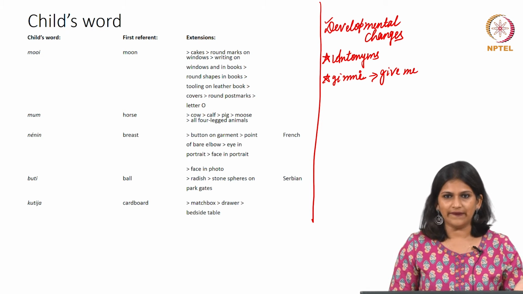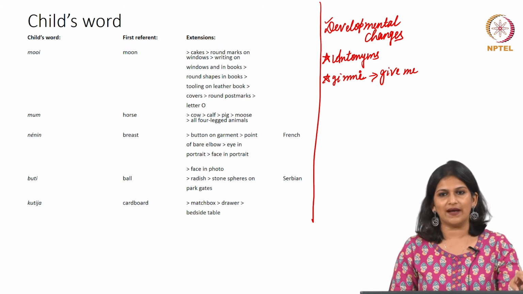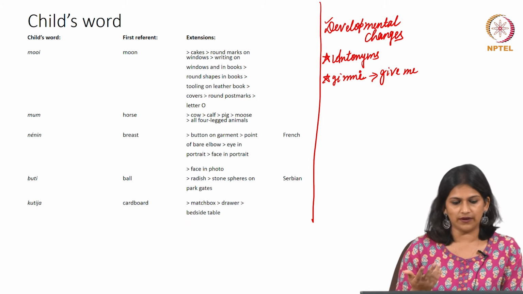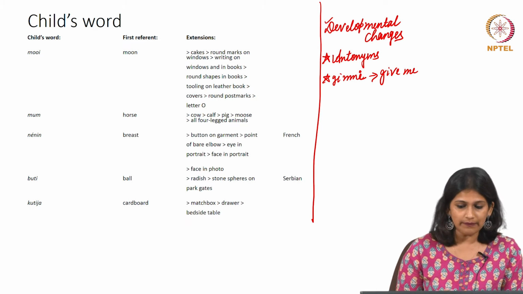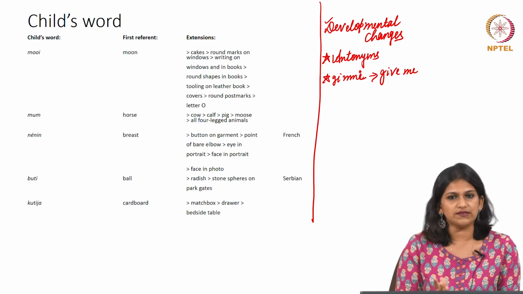In one way, when they say dog, they refer to only one dog, whereas ideally dog should include a lot of other types. If they say, for example, moon, then moon can be a cake for them, moon can be any round shaped object, but moon is not like that.